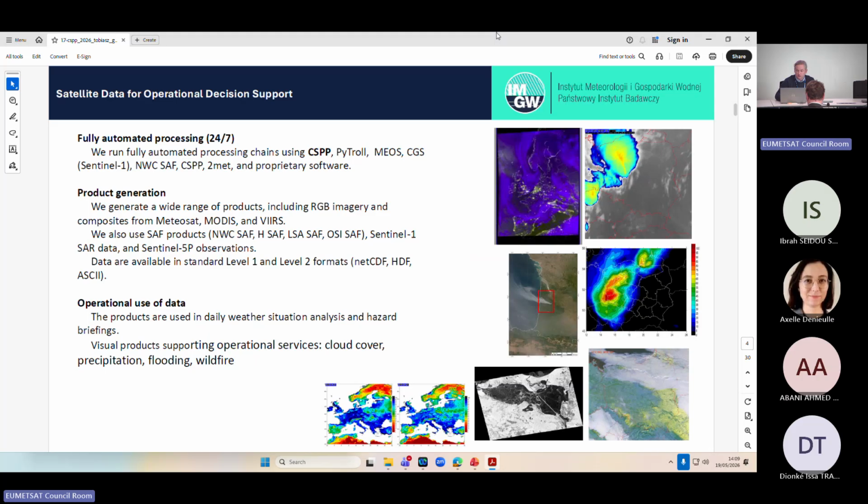Here are a few examples of how these products look. We have a fire, we have precipitation, we have a night VIIRS image, soil moisture, and one image from Sentinel-1 data.